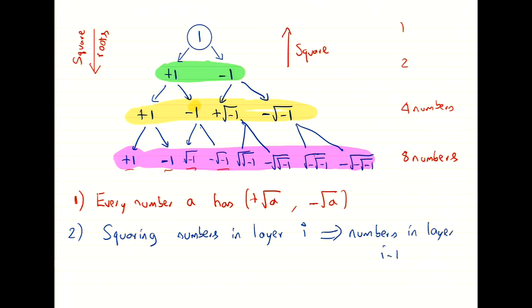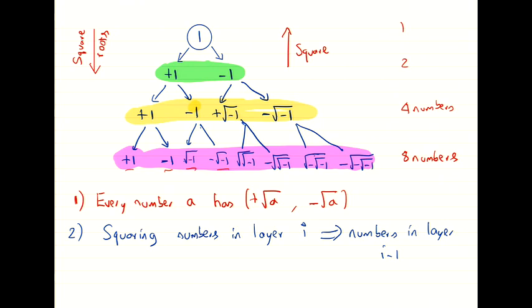By definition, squaring something in a layer gives you something in the earlier layer. Right? Okay? So this is nice because this is exactly, looks like what we wanted. If I look at the numbers in the last layer, if I square them, there are 8 of them, but if I square them, I get only 4 numbers. Okay?